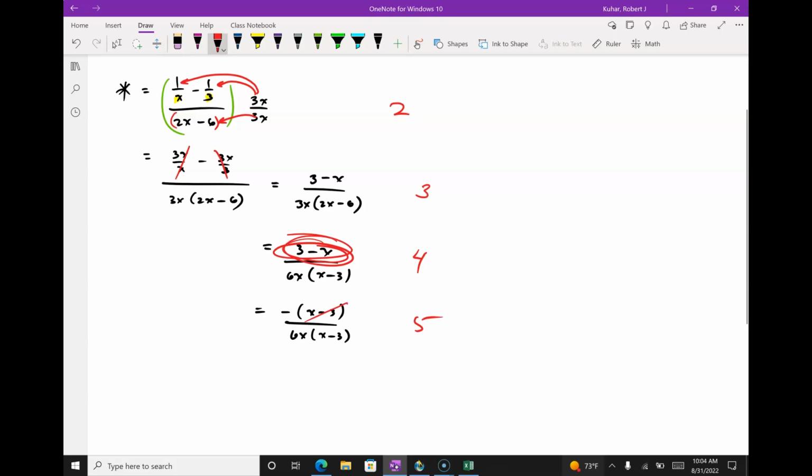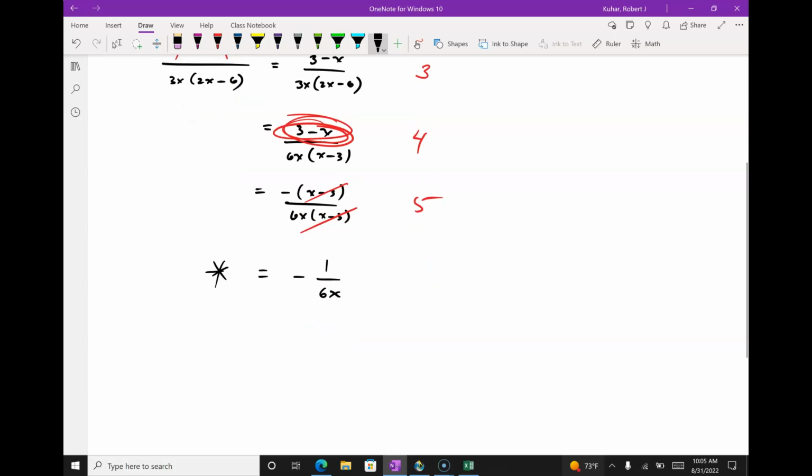But then I notice I can cancel those x minus 3's and I get a negative 1 over 6x. This is now my replacement function. Can I plug in the 3 there? Yep. So the limit as x goes to 3 of star is negative 1 over 6 times 3, so negative 1 over 18.